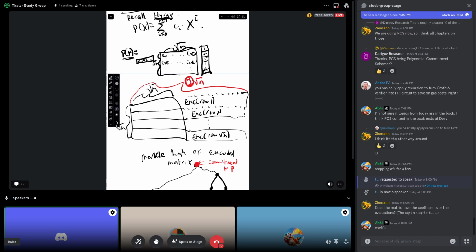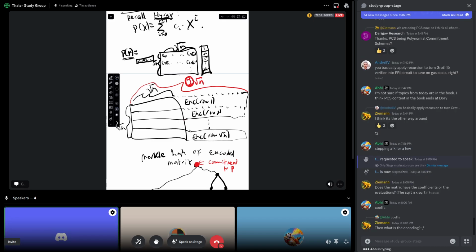The deal with these hashing based SNARKs is that because hash functions don't have the same homomorphism properties that elliptic curve commitments do, you kind of have to do a spot check, where the verifier never looks at the entire matrix.